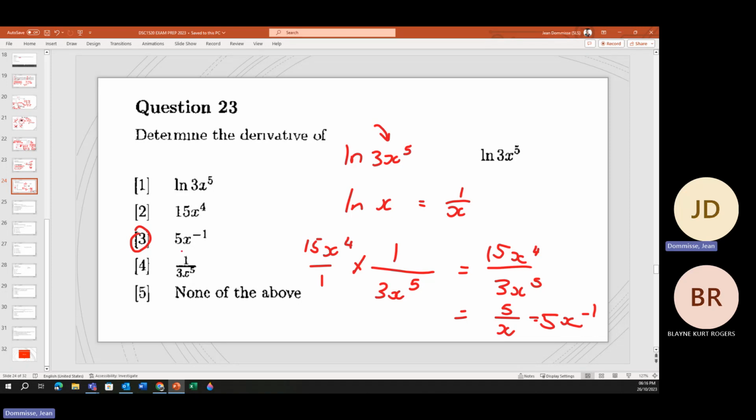See, the problem with this one is that it's definitely not the first one. The thing with the first one is if you say e to the power of 4 and you take the derivative. The second one could have been chosen, but if I take that 5, it's just this component.